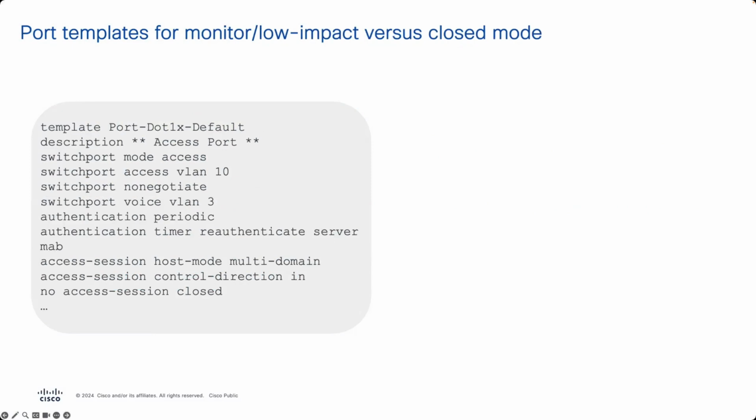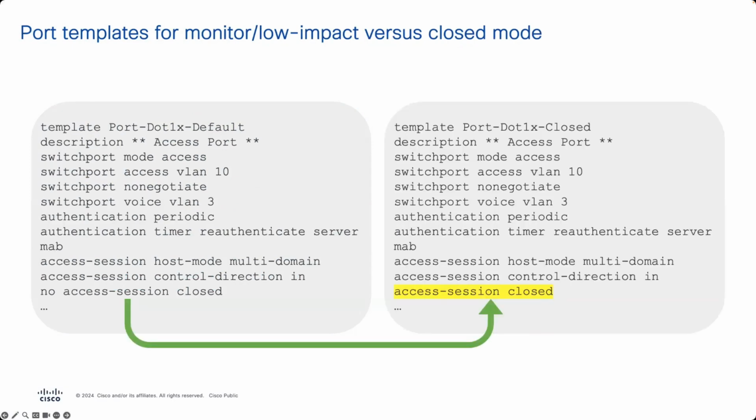Usually customers that I work with, they'll do like two templates. One template is for the monitor low impact, which is designated by the no access session closed right there. And then they'll have a closed mode port template where you see the difference is we just enabled access session closed.